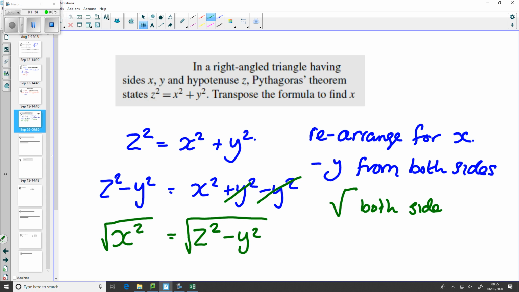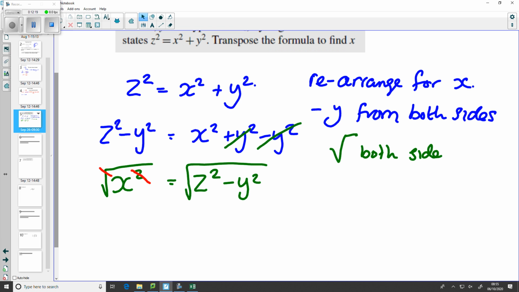It is that whole term evaluated first, and then the result square rooted. So that implies that there are brackets around that expression. And then, having done that, the square and square root cancel out. So we end up with the formula x is equal to the square root of z squared minus y squared. Okay.